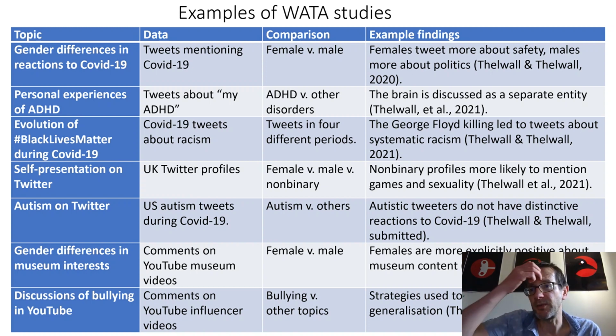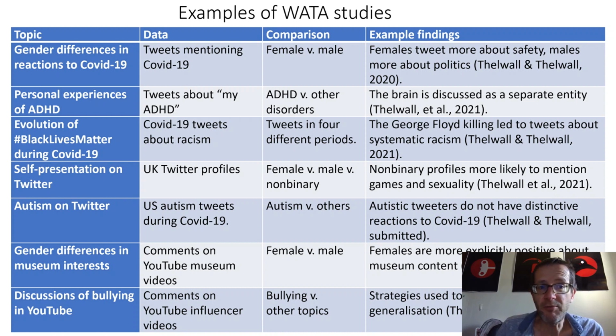One of the findings was that the George Floyd murder led to an increase in tweets about systematic racism, claiming that there was systematic racism or identifying systematic racism. These emerged from the George Floyd killing.